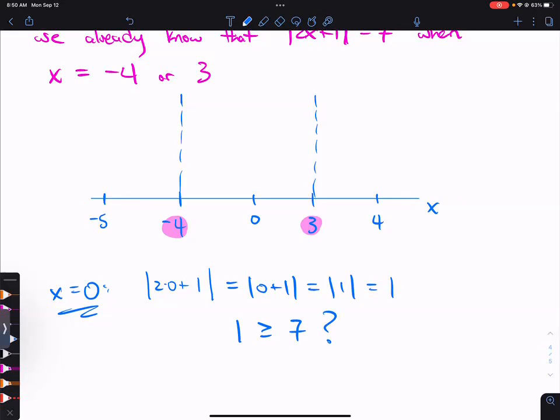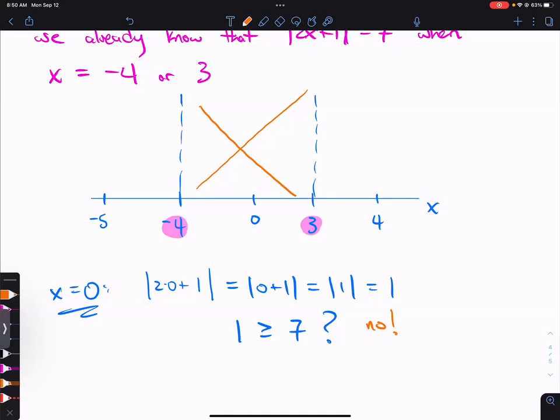No. That means I don't want any of the stuff between those two values, between -4 and 3, because that inequality is not going to be true for those things, right? It's not true for 0, so it's not going to be true for anything else in there either.